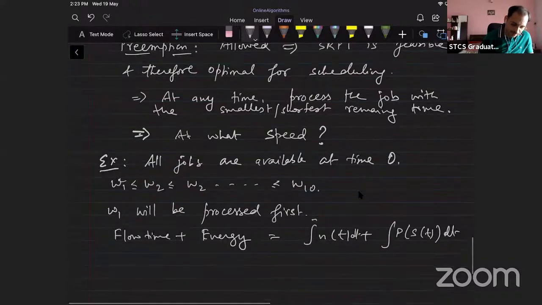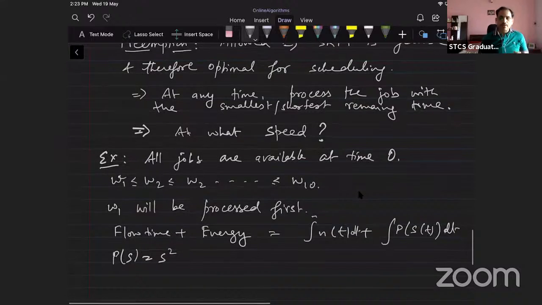Can anybody guess the speed to operate? So suppose p of s is s to the power 2. It's not difficult to guess. That's why I'm asking you to think about it. So something remarkable is going to happen.